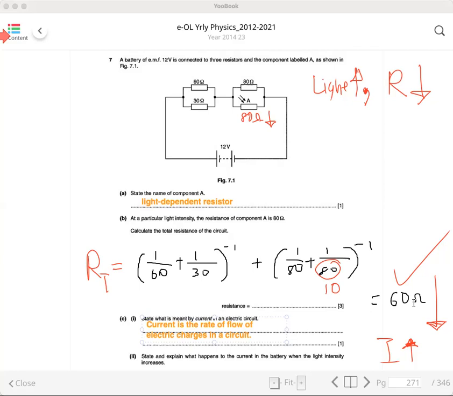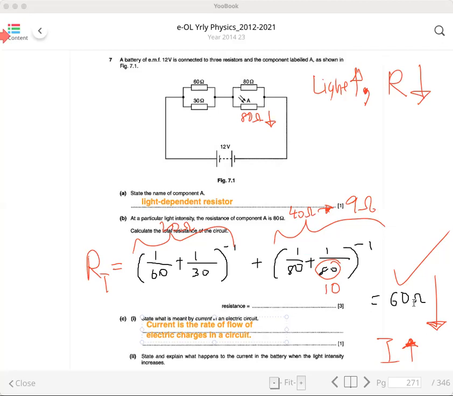Okay, so when I change to 10, this one itself is still 20 ohm. Originally it is 40 ohm. When I change to 10, it actually dropped by a lot. It's about 9 ohm. Is that clear?